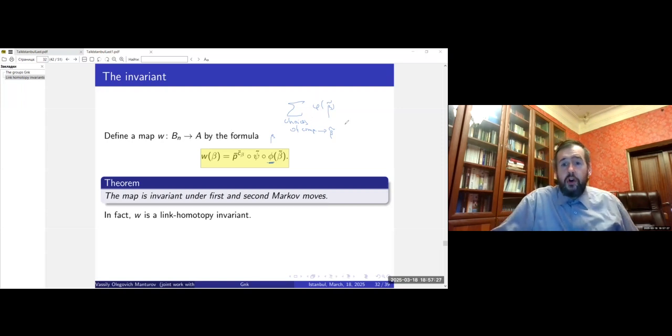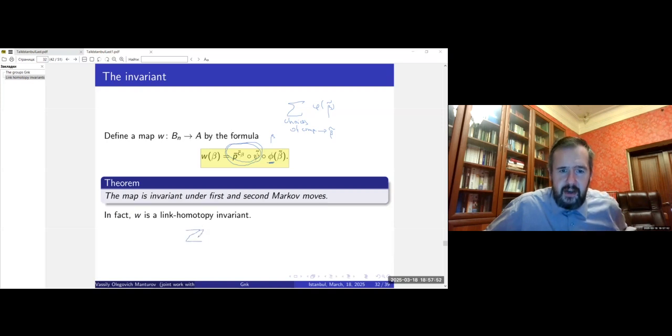But then we have to take a quotient by something. What sort of quotient do we have to take? So here we see some combinations, projections, and so on. So first of all, where is this invariant valued? It is valued in some formal linear combinations of, I would say, some groups.